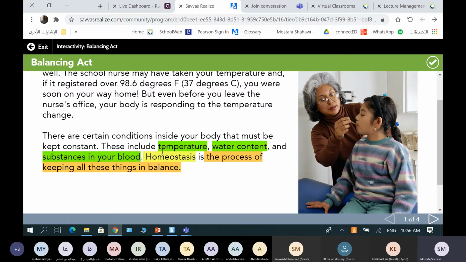Another way of keeping your internal body condition stable? Yes, go ahead. The muscles will be shaking.